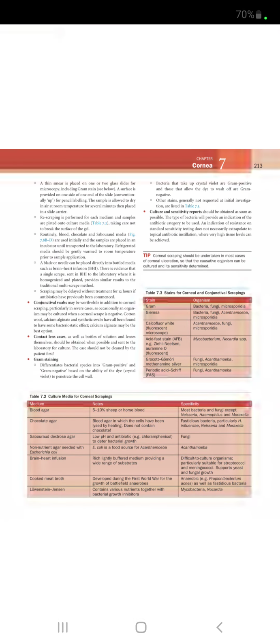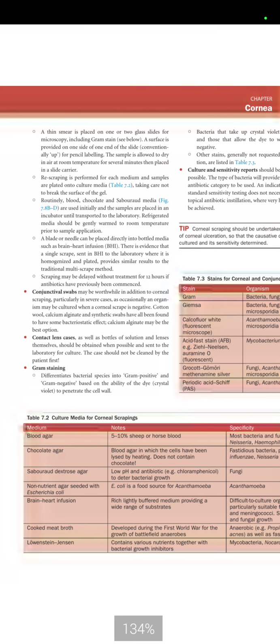Now we are going to study a thin smear placed on one or two glass slides for the microscopy, including gram staining. So we tend to do 2 to 3 samples, and one is used for the glass slide for the gram staining. A surface is provided on one end of the slide, conventionally used for pencil labeling.